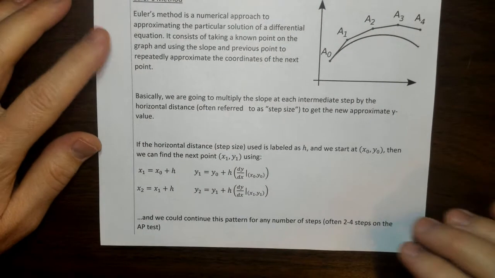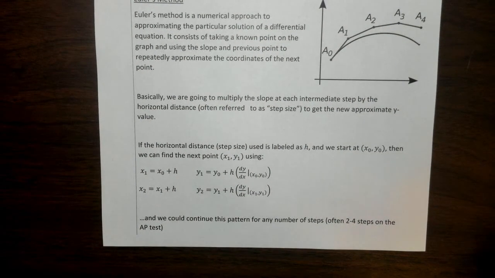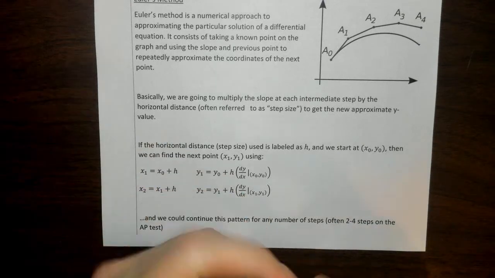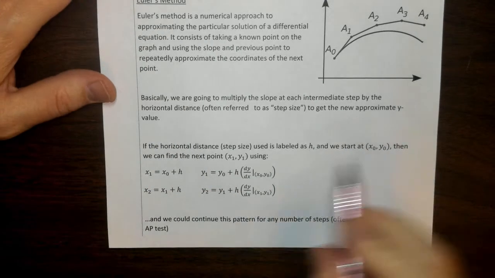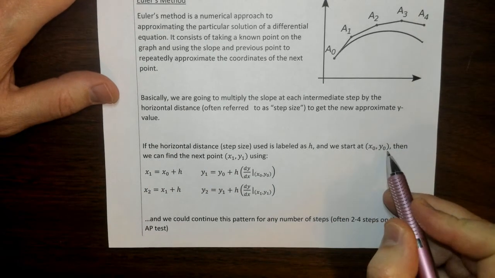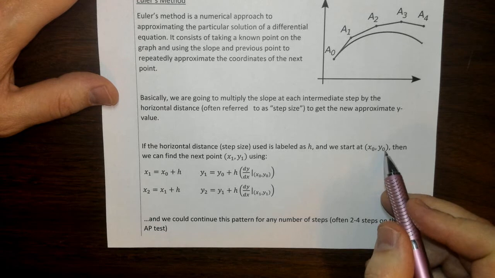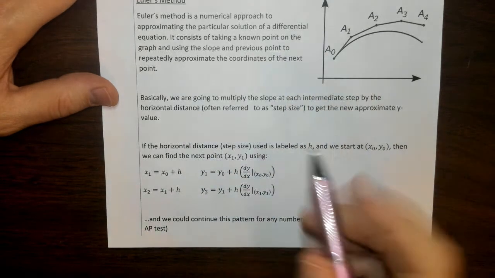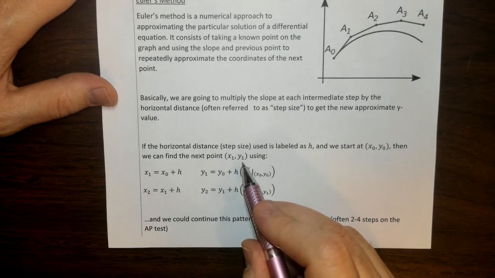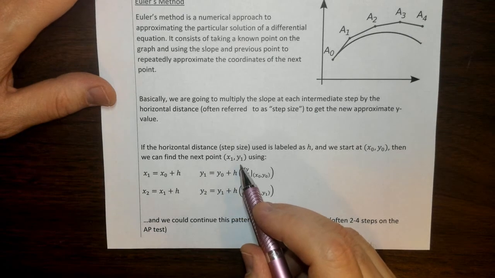Okay, so I've got it summarized right here formulaically. If we start at x sub 0, y sub 0 as our general overall starting point, then we're going to go to the next point in the step, and I'm going to label that as x sub 1, y sub 1.